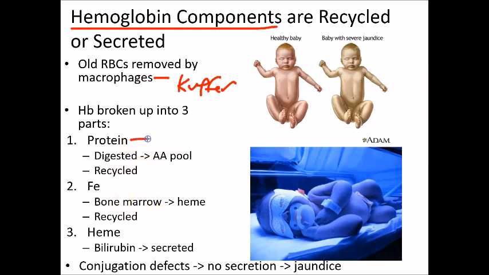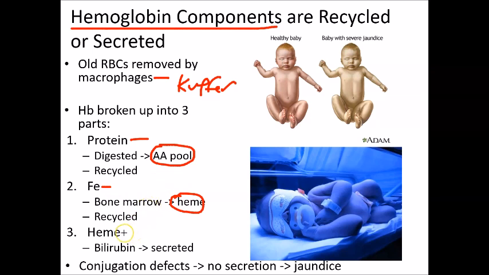The protein is broken down back into amino acids and goes back to the general amino acid pool of the body. That's fine. And the iron goes back to the bone marrow, becomes heme, and is recycled. And now we make more hemoglobin to stick in a red blood cell.